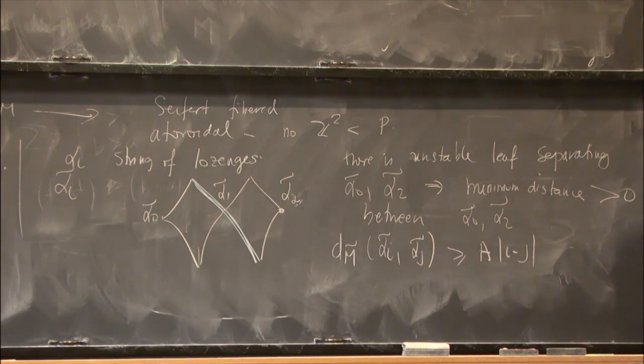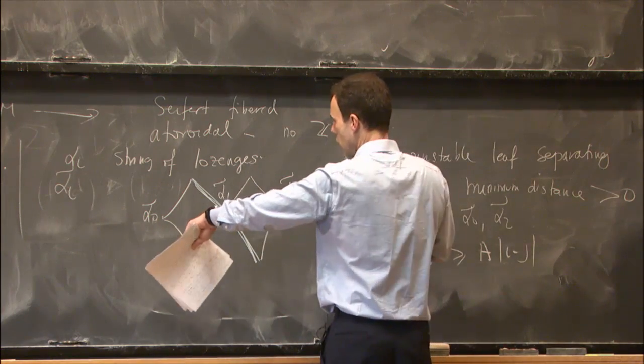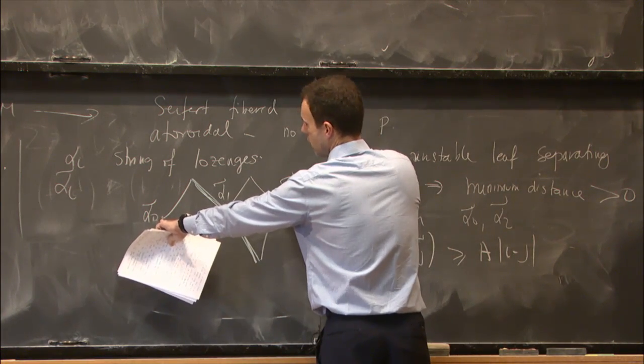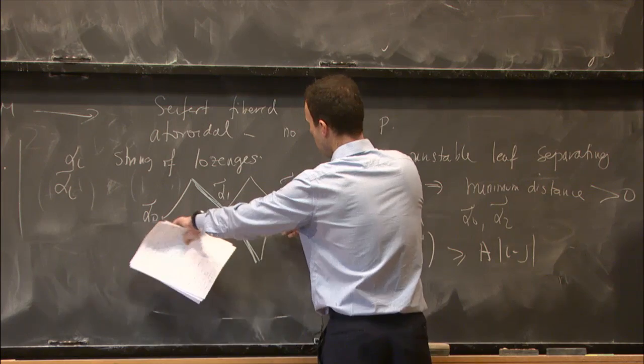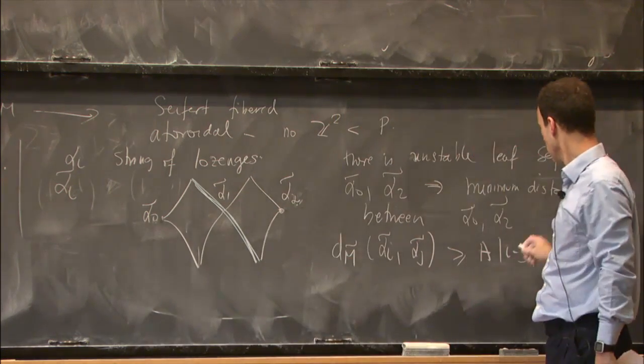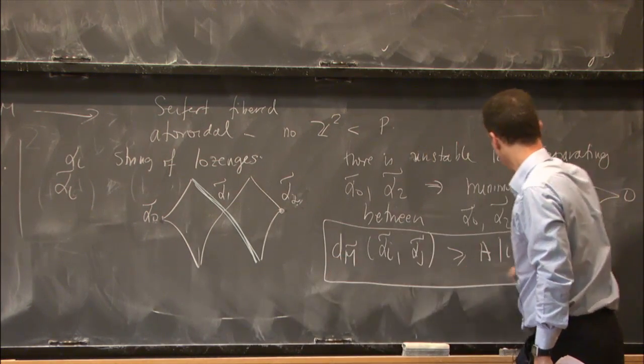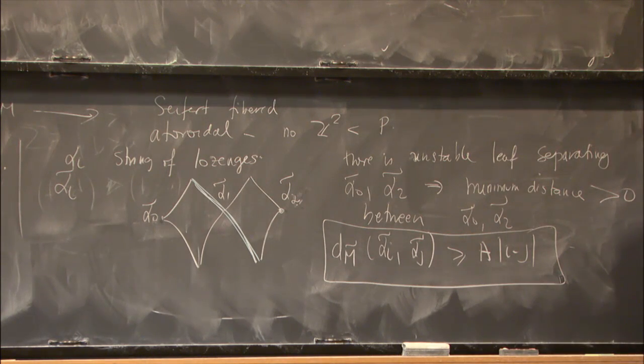Okay? So as I move here, these things are at least, say, 0.0001 and so on. Okay? So I have this, and then I'm going to use the hyperbolic geometry to get my results.